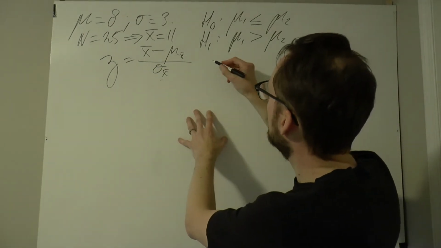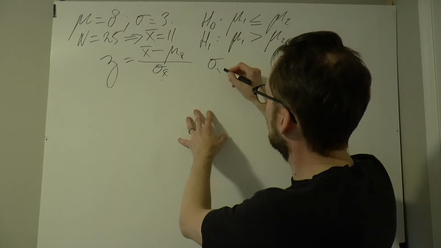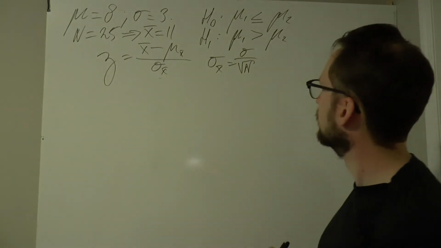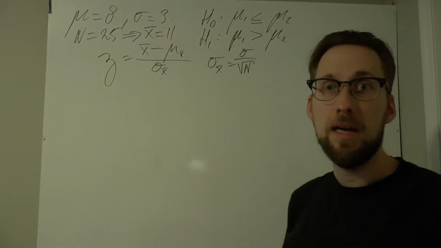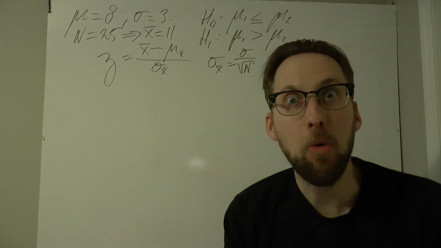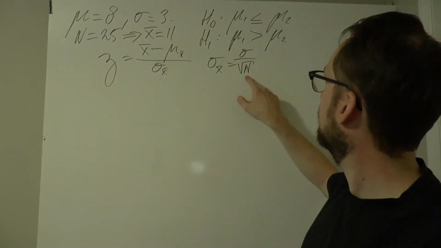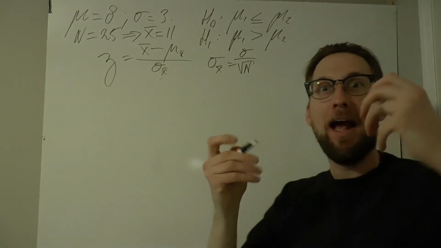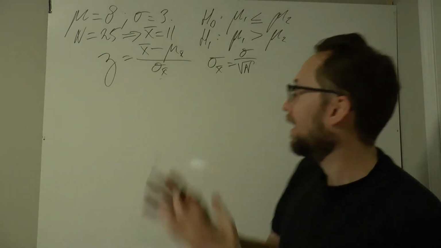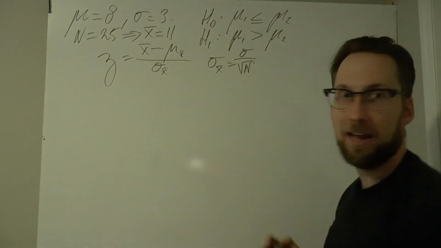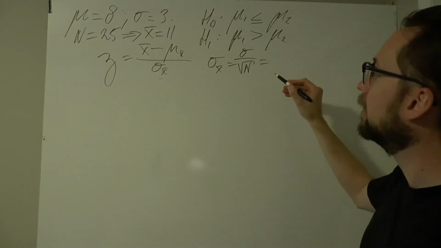And that thing is computed as sigma from the population, standard deviation from the population, which I already have, divided by the square root of big N, which I already have. You have to agree with me. This is not as terrifying as it looks. These 4 numbers have given me almost everything I need. Okay, I can compute that.